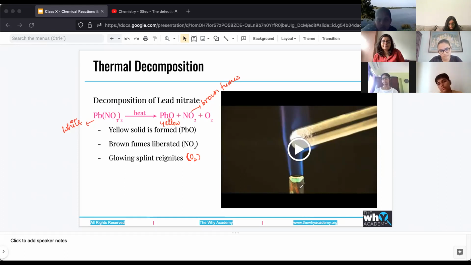Yeah, Tia, what's up? Ma'am, can you please explain the meaning of the third observation? Glowing splint reignites. Okay. Splint is basically that stick you saw, right? They put it in fire and then put it out in the jar, but it's not completely put out.